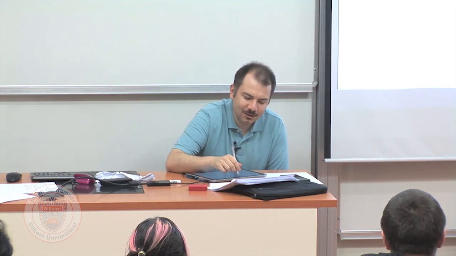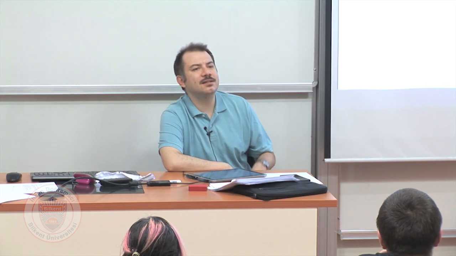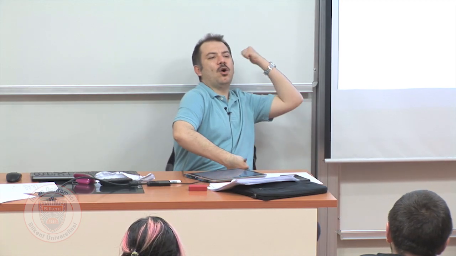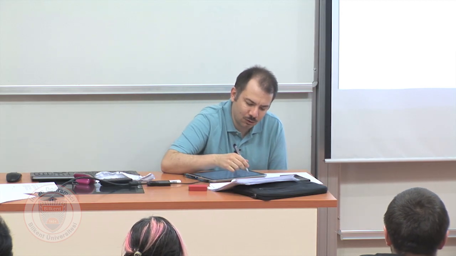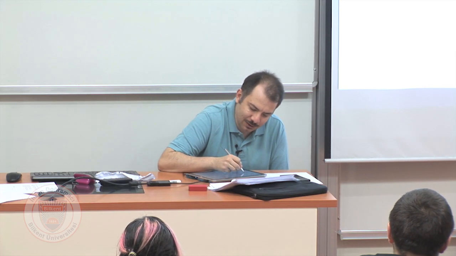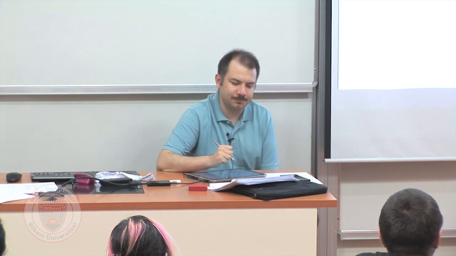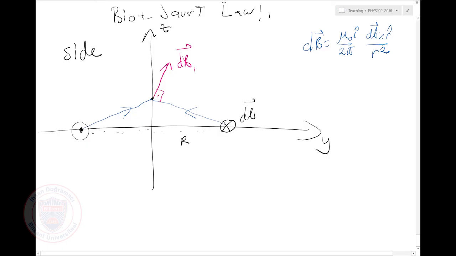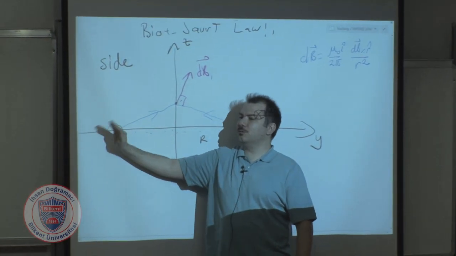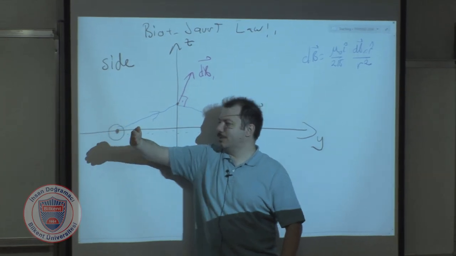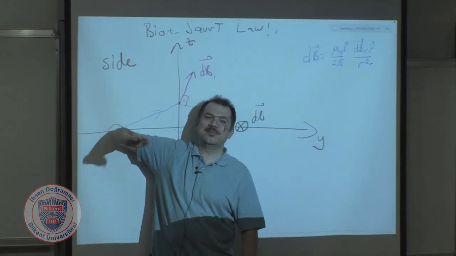How about the magnetic field created by the small current on the opposite side? So it will have an r vector like this. Let's look at the case here. Which way is dl cross r? This time dl is coming towards me. I have the freedom to rotate my palm, obviously, but I'm going to break it if I do it wrong.